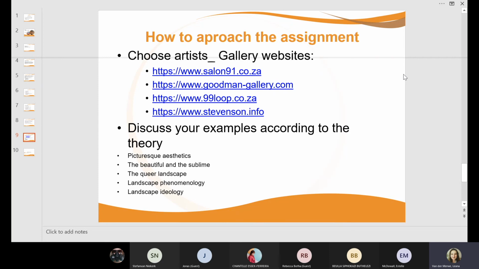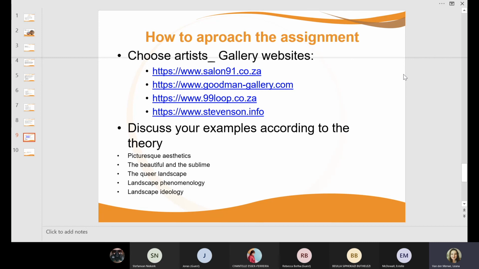So here, you can't just discuss the works according to the formalist aspects or the iconography or iconology. That is fine as an introduction, but you need to show that you understand these theories, picturesque aesthetics, the beautiful and the sublime, queer landscape, in terms of the artist's work.